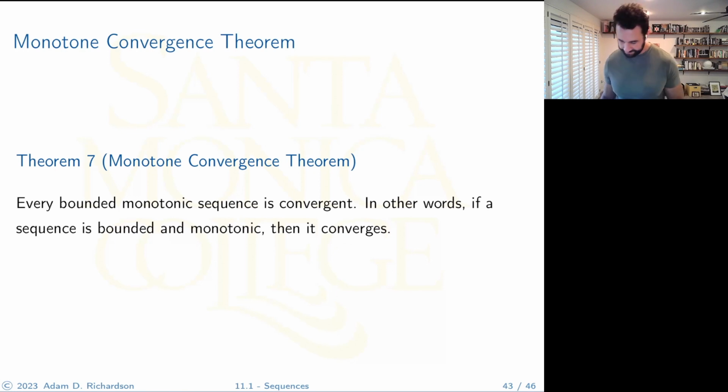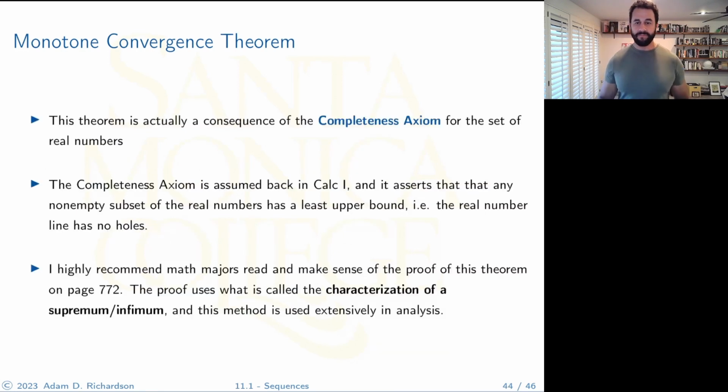Monotone convergence theorem. Okay. Yeah, so this is actually a consequence of the completeness axiom for the set of real numbers. Oh, tiny typo here, period. This is something that we assume back in Calc 1, and I'm hoping that your teacher at least mentioned it. If not, we can talk about it some more during the activity sections.